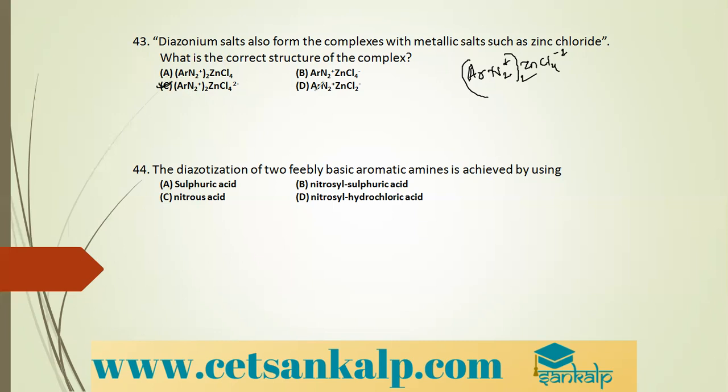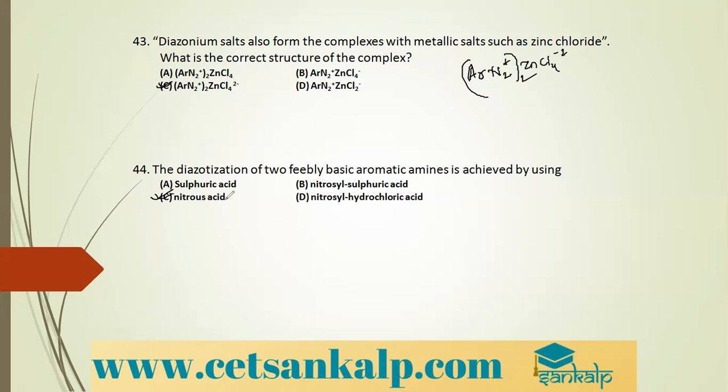Diazonium salts form complexes with metallic salts. Okay. Next, diazotization of feebly basic aromatic amines is achieved by using nitrous acid. If you have nitrous acid, then only the diazotization reaction occurs.